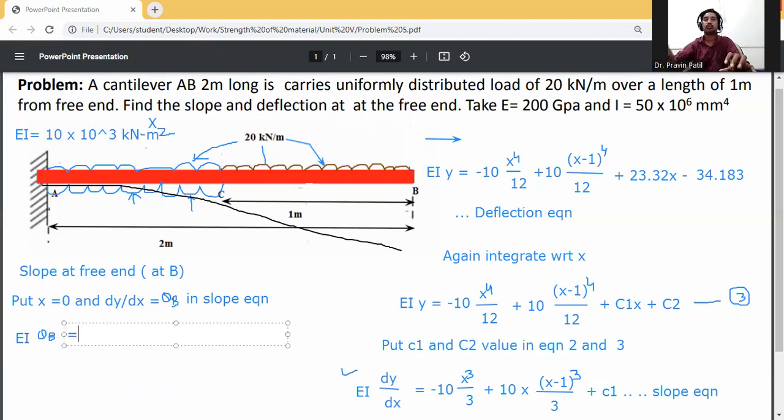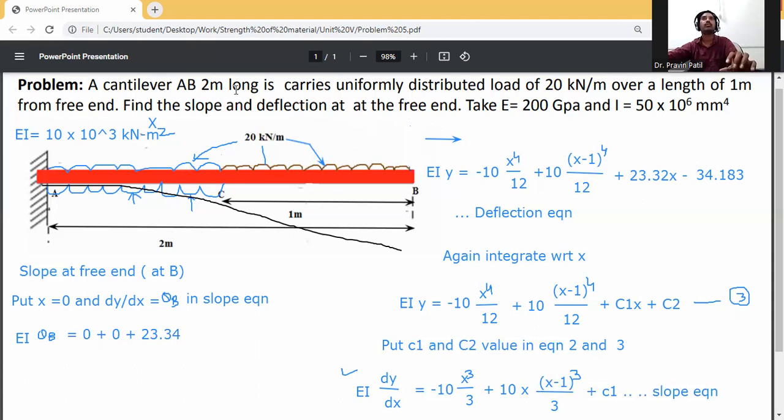So 10 into x cube by 3, this term will be 0. Then plus 10 (0 minus 1) raised to cube divided by 3. If you get a negative value in the bracket, then take it as 0 directly. Then plus C1, which is 23.34.